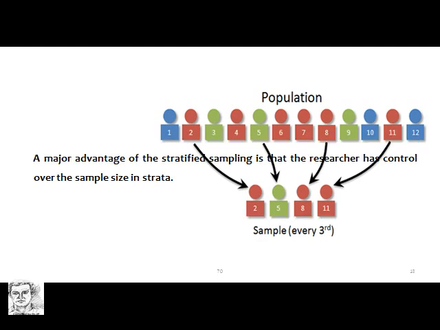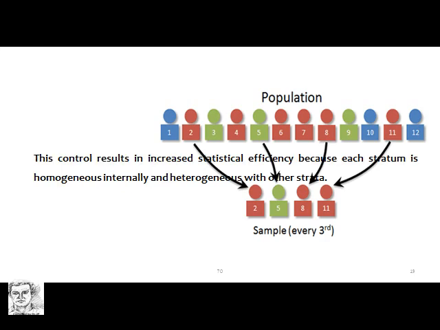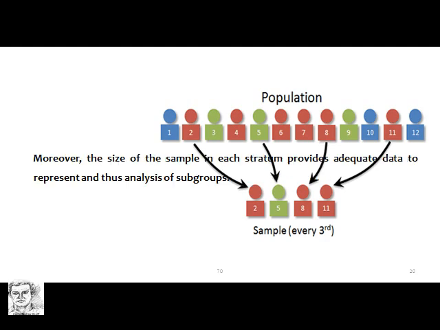A major advantage of stratified sampling is that the researcher has control over the sample size in strata. This control results in increased statistical efficiency because each stratum is homogeneous internally and heterogeneous with other strata. Moreover, the size of the sample in each stratum provides adequate data to represent and thus analyze subgroups.